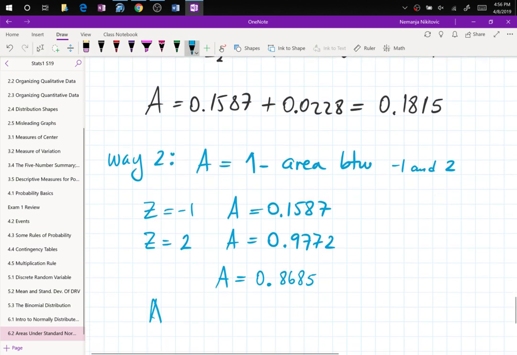And now the area we're looking for is 1 minus the area in between, which is 1 minus 0.8185. I'm not getting the same answer. Something is off.